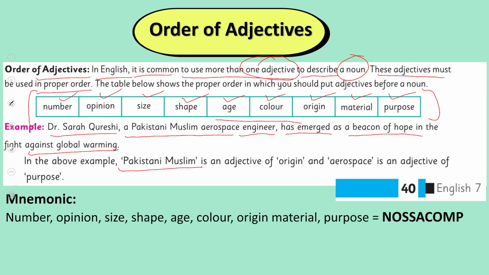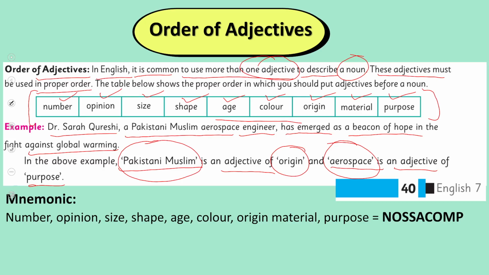Now, if you look closely at the above example, Pakistani Muslim is an adjective of origin. This kind of adjective tells us about the origin of our noun, which is Dr. Sara Qureshi. And aerospace is an adjective of purpose, describing the purpose of the noun.